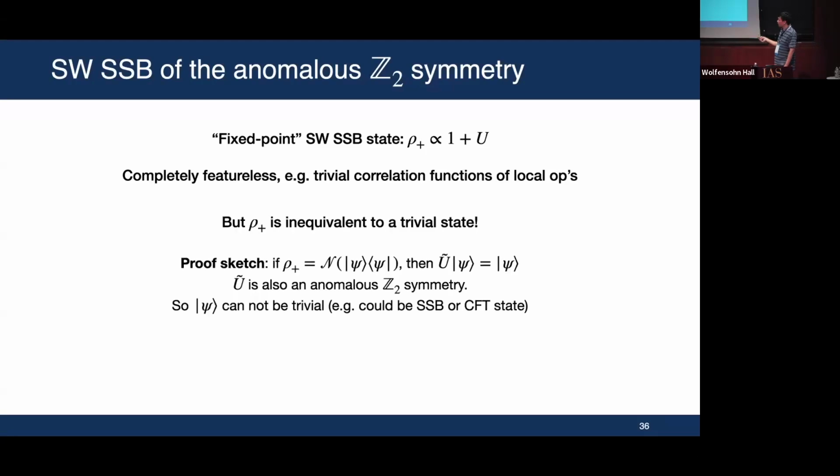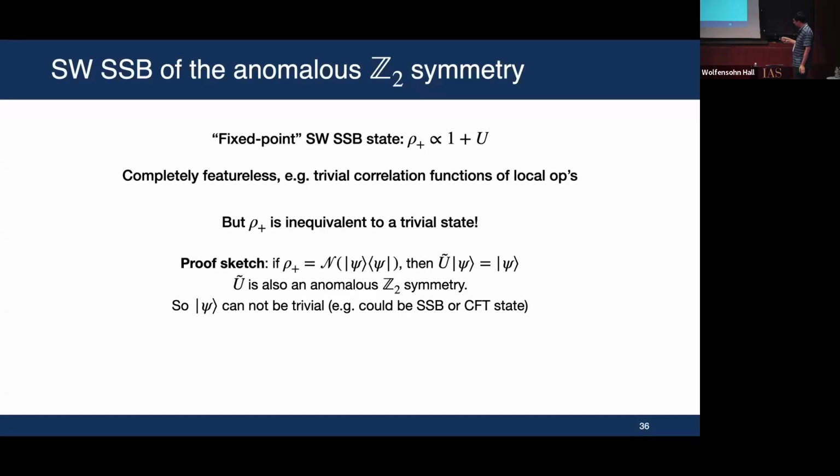However, unlike 1 plus X, this state, rho plus, 1 plus U, is actually not equivalent, in this sense of two-way connectedness, to a trivial state. And here's a rough argument. If this state can be created from some pure trivial state, psi, by a quasi-local quantum channel, then as I mentioned earlier, you can push a strong symmetry through a quantum channel, preserving all of its nice properties like anomaly.